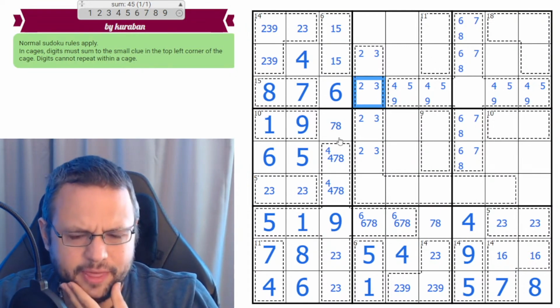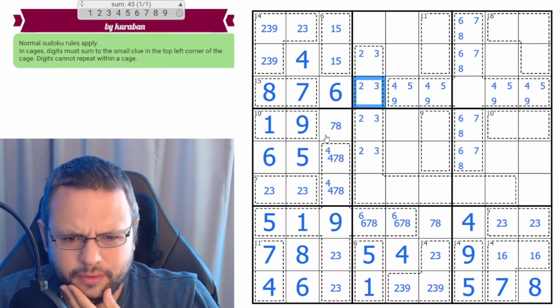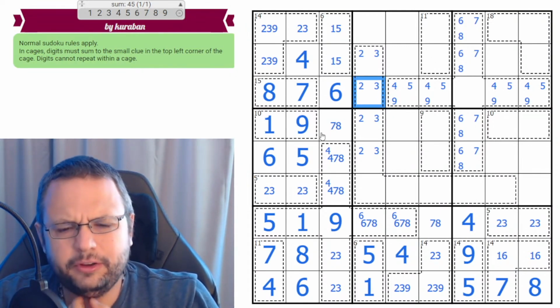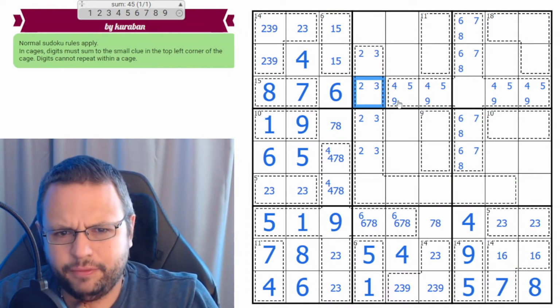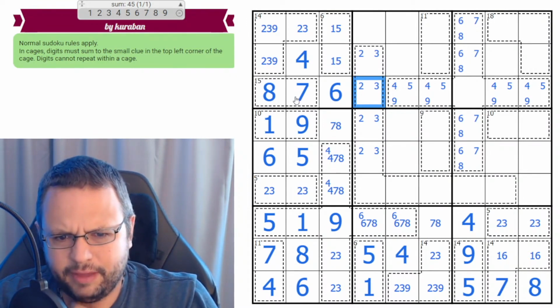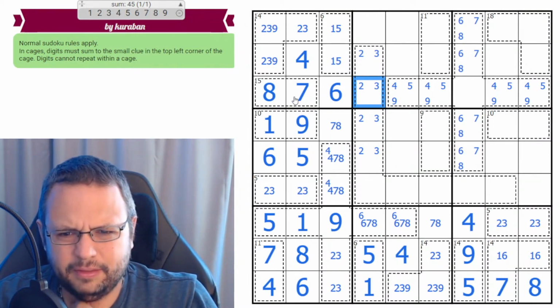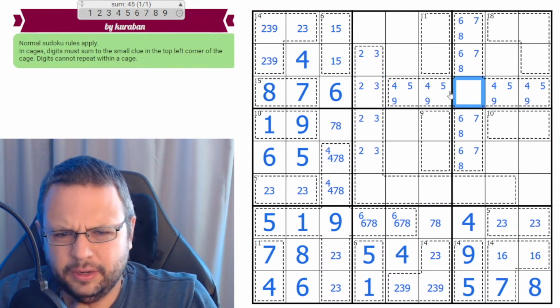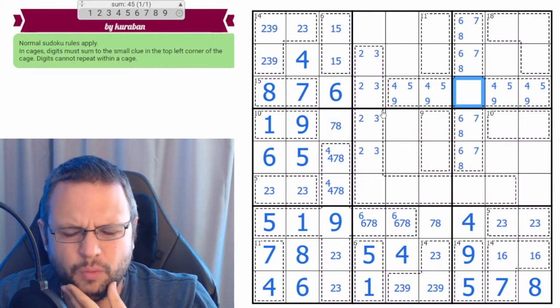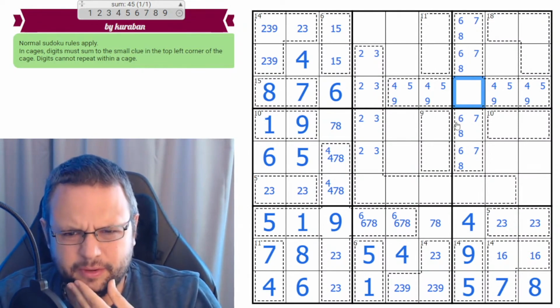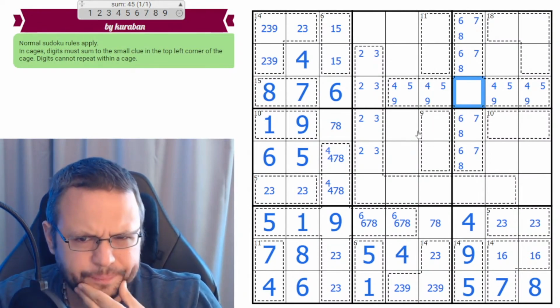It sees a lot of things. So this digit could be a 2 or a 3. It can't be a 4 or a 5 or a 6 or a 7. Oh, but it could be a 9 as well. So I think this actually can be lots of things. Maybe this is where I'm supposed to look? No, not quite. This still has 3 possibilities as well, I think.